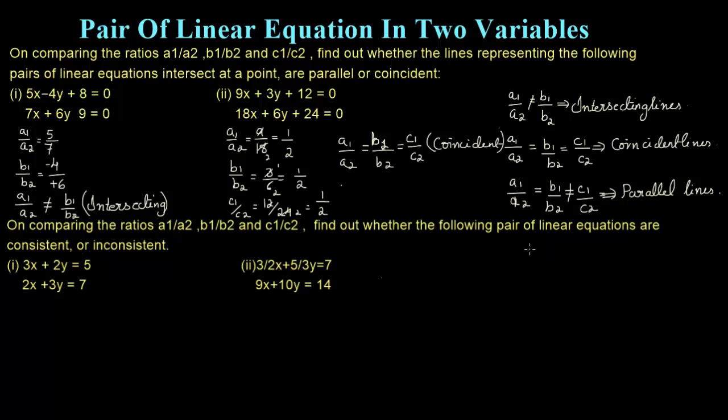If the lines are coincident or intersecting, if this is the condition, then it is consistent. The solution is consistent. You will consistently get some solution of these lines, right?